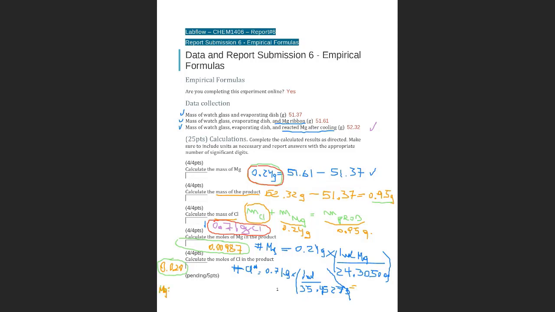How am I going to do it? I take the number of moles of magnesium, 0.00987, and I divide that number by the smallest number of the two, 0.00987. And I get the number 1, and that will be the subscript for magnesium. Now I will do the same for chlorine. I'm looking for the subscript for the chlorine.